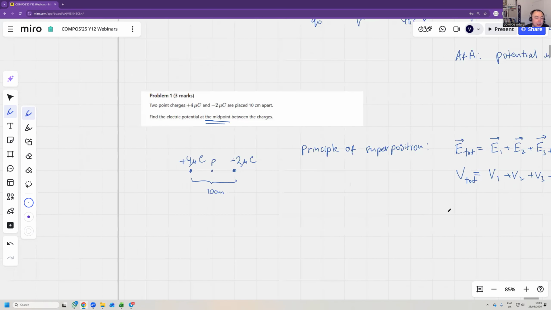Right, so we have the 4 microcoulomb charge. The potential from the first charge is equal to Q over 4 pi epsilon naught R1, where R1 is the distance. Let's use the other formula, it's slightly easier: KQ over R1.